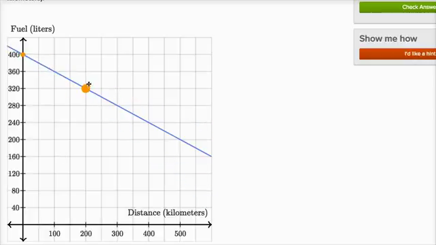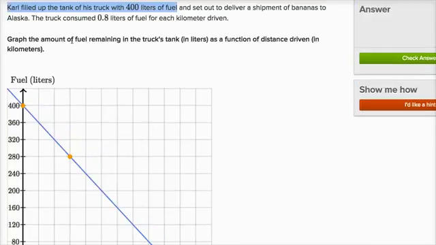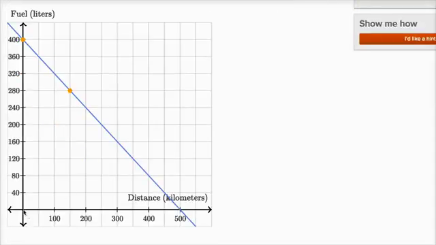Now we have to think about where to put the other point. We know he's consuming 0.8 of a liter of fuel for each kilometer driven. But we're not going by 1 kilometer, 2 kilometers. This is like 50 kilometers, 100 kilometers.